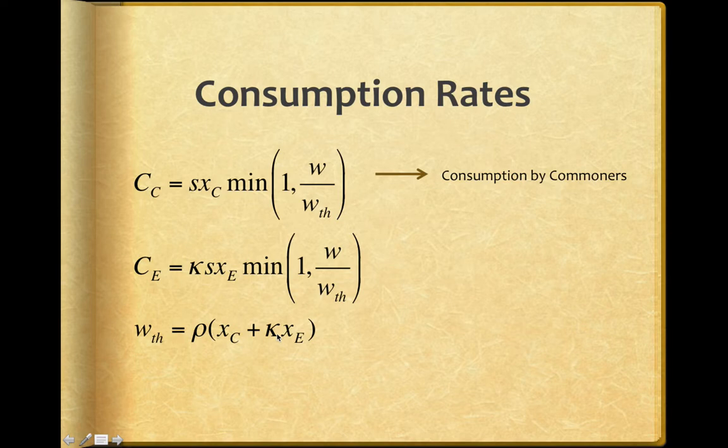And the conversion between population and wealth numbers is this factor of rho. Rho could be seen essentially as a wealth per capita, minimum wealth per capita produced.